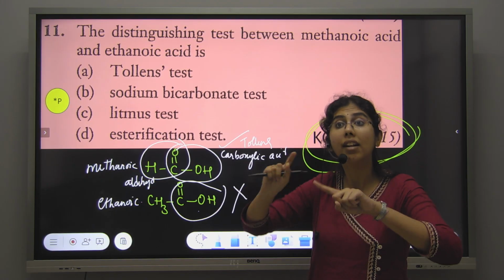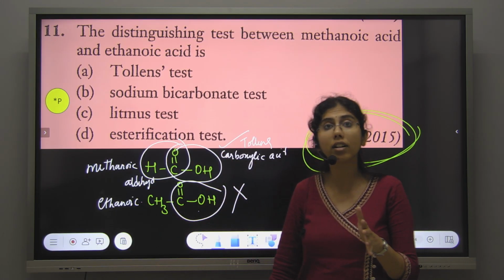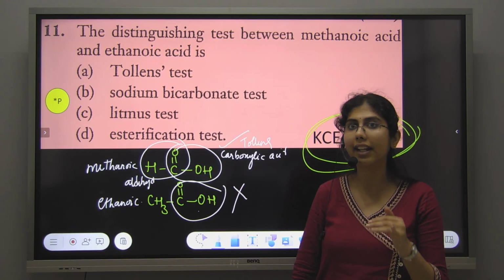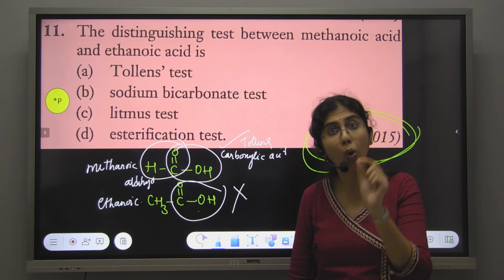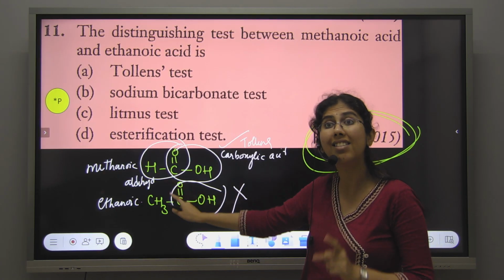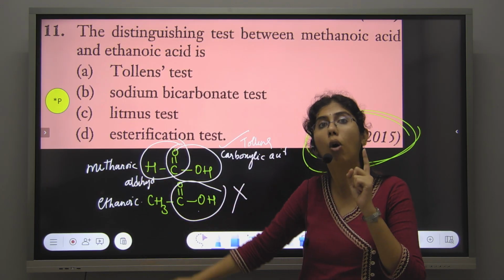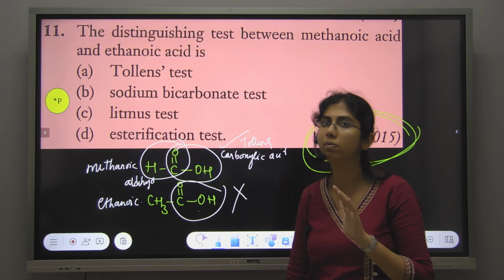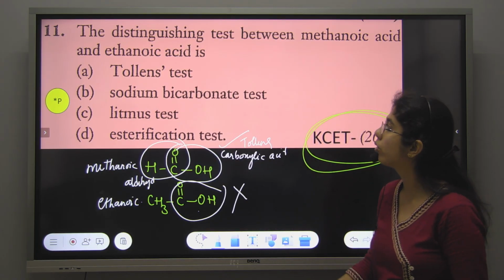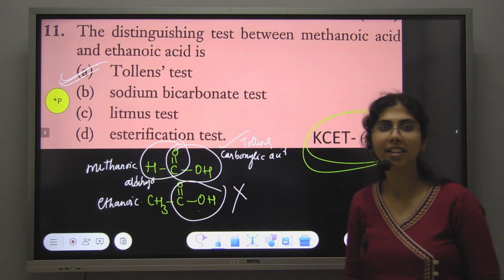That is how we can distinguish between methanoic and ethanoic acid. Please don't think that any acid can be distinguished by Tollens' test. Only methanoic acid will give it, because it has an aldehydic part also. Other than that, no acid can give it. So that is why option A, Tollens' test, is the correct answer.